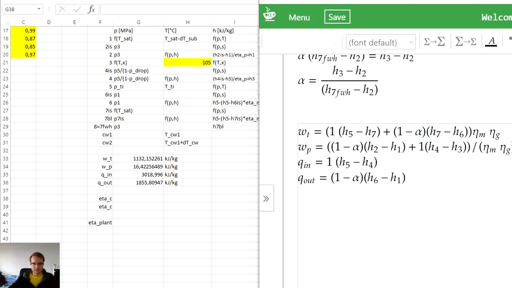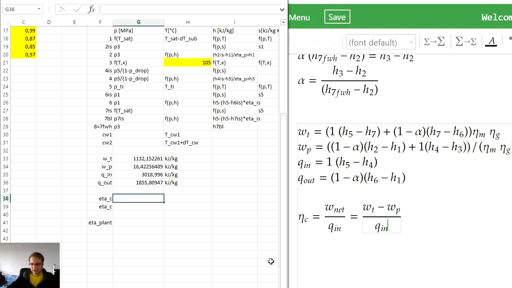So the efficiency of the cycle will be the fraction between net work and heat input, where the net work is just work of the turbine less the work of the pump, and heat input stays.